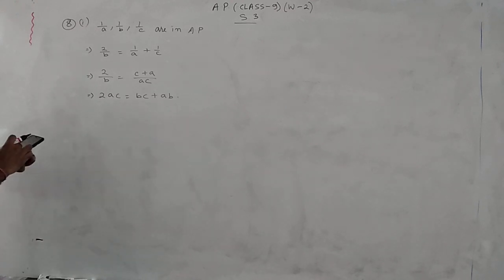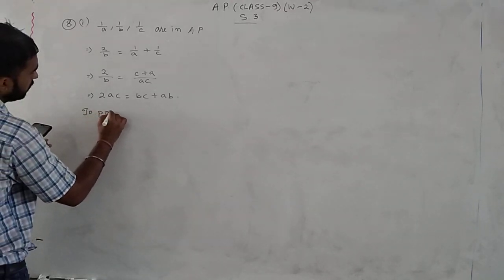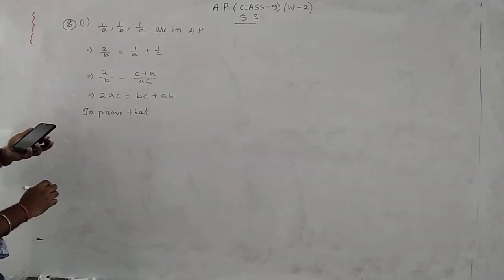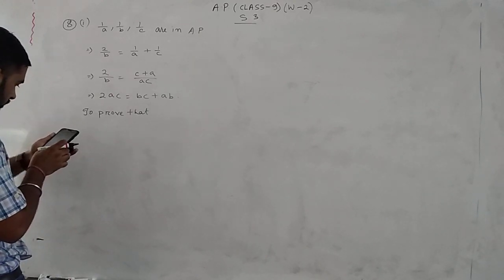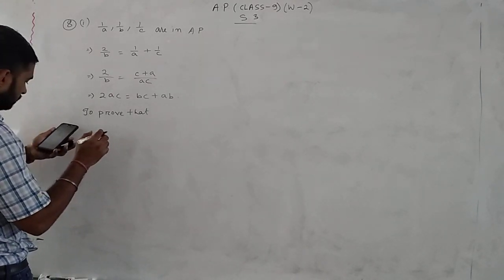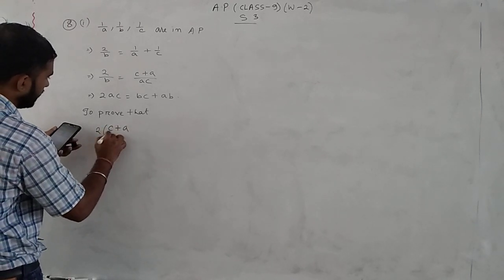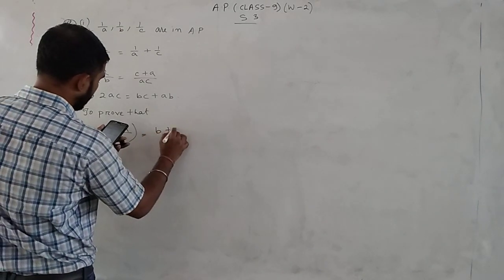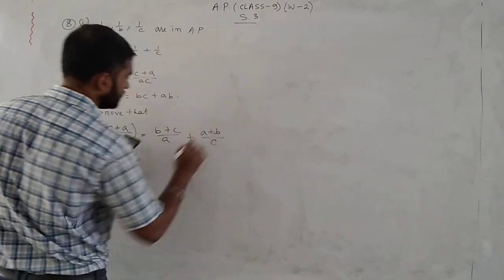Now we have to prove that twice c plus a by b equal b plus c by a plus b by c.